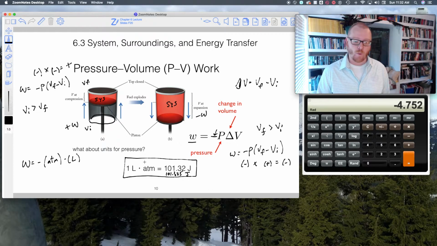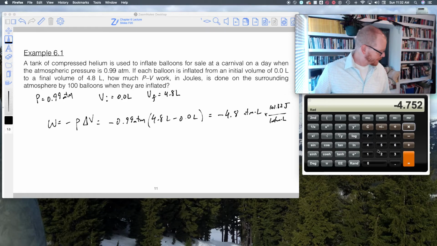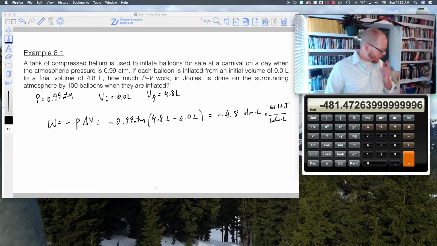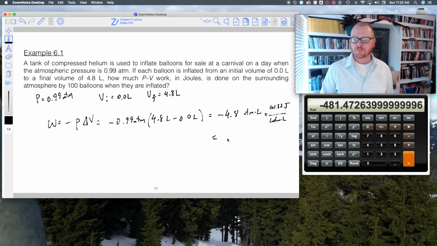Now over here I'll leave the number in my calculator for the best possible answer, times 101.32 equals, and now I get negative 481, and with my two significant figures, that's going to be negative 480 joules.